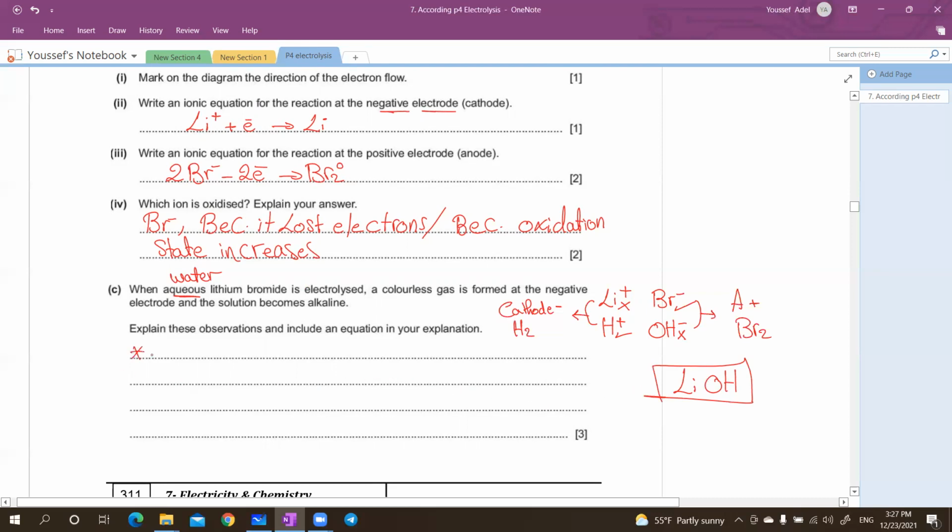So the first thing, hydrogen gas formed at the cathode, and the ionic half equation: 2H plus will gain 2 electrons to form hydrogen gas.